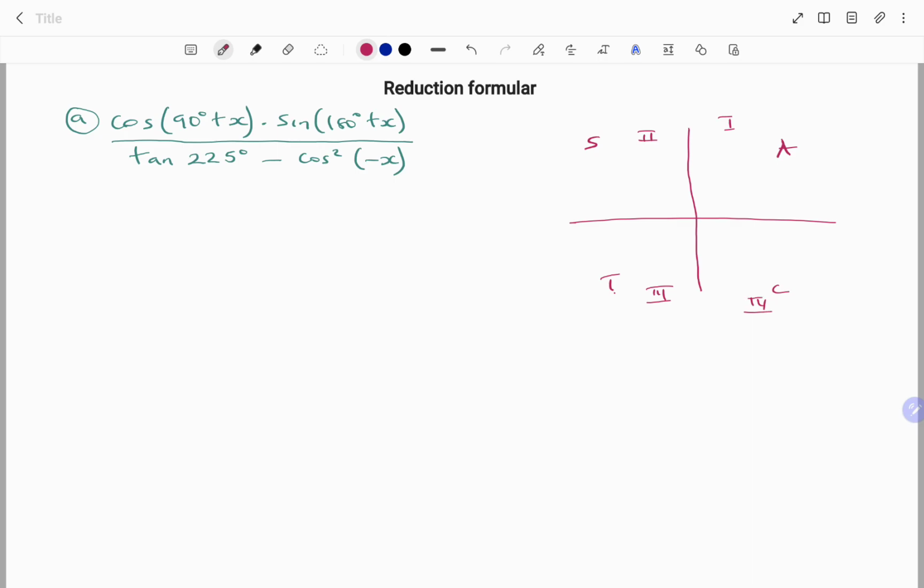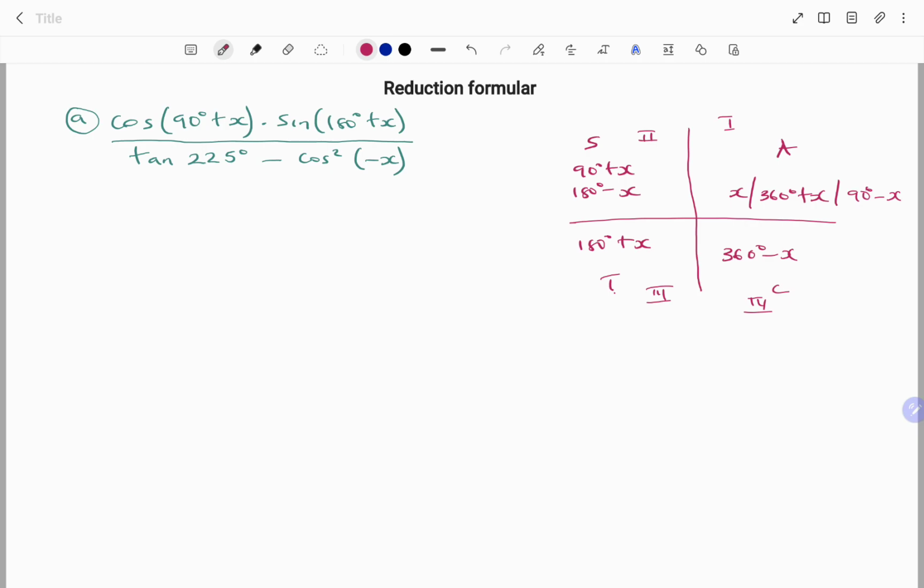In the first quadrant, we have x, where x is an acute angle, 360° + x if there's a complete revolution, and 90° − x. In our second quadrant, we have 180° − x, or 90° + x. In our third, we have 180° + x, and in our fourth, we have 360° − x.